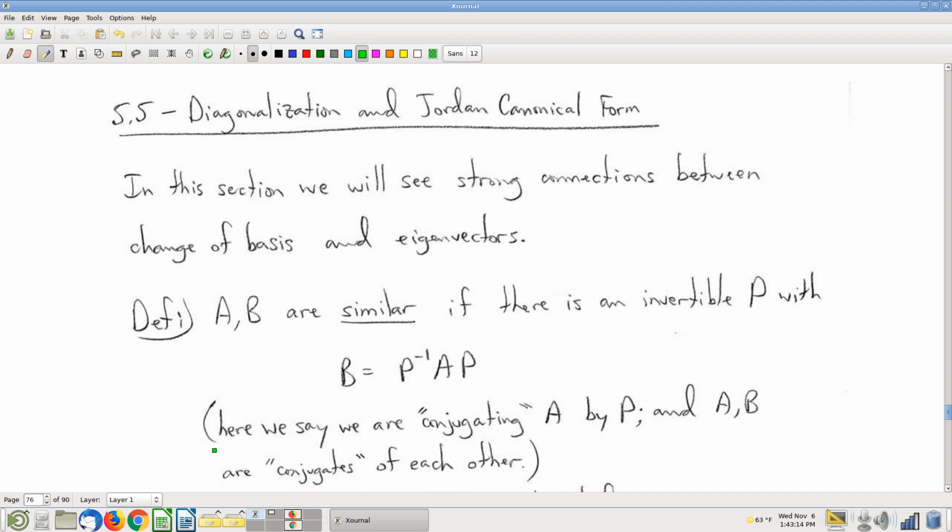Then we had a seemingly new topic last time, which was eigenvectors and eigenvalues. I mean, it was unrelated, right? Totally different thing. There's an equation, and then there's a whole process for finding them and a couple of related matters. And I said seemingly unrelated because, in fact, there's a strong relationship: the change of basis 5.3 stuff and the eigenvector 5.4 stuff.